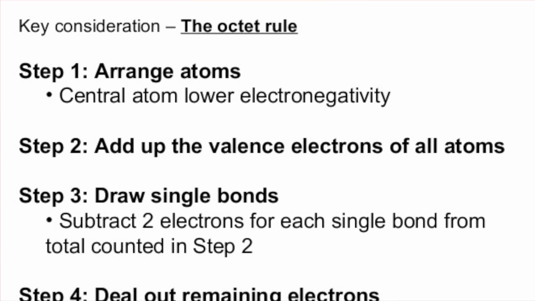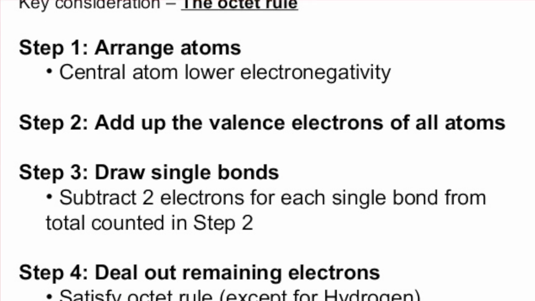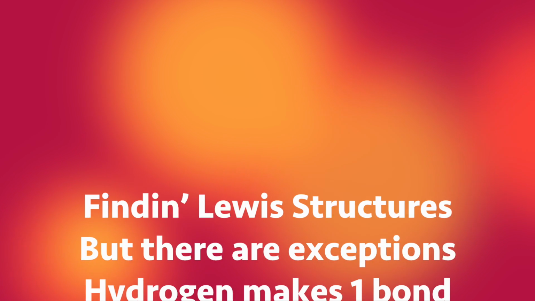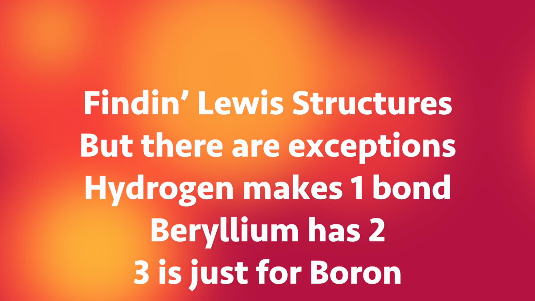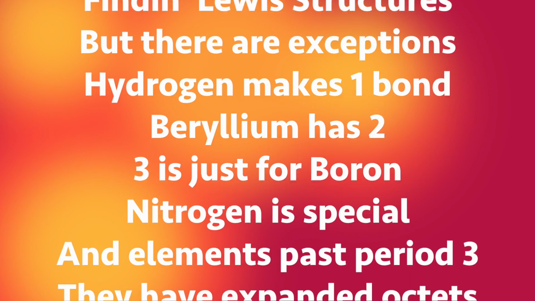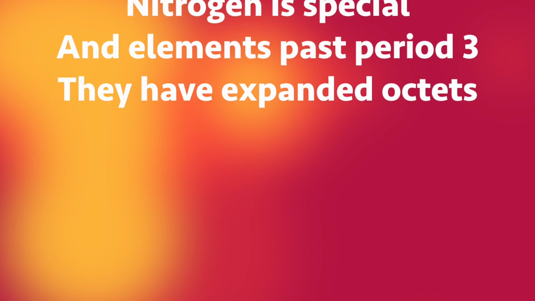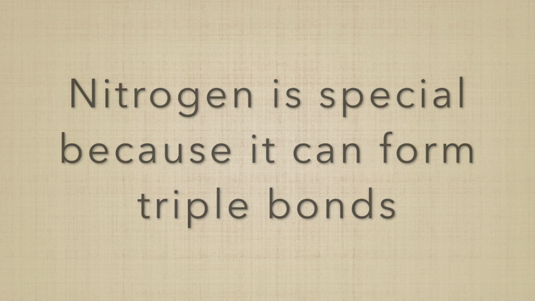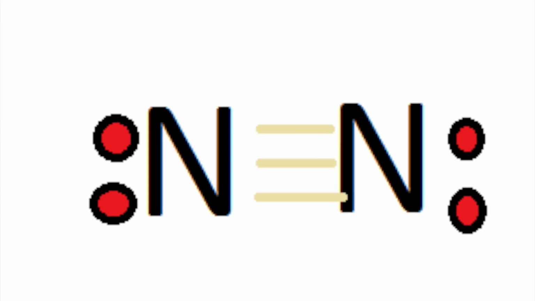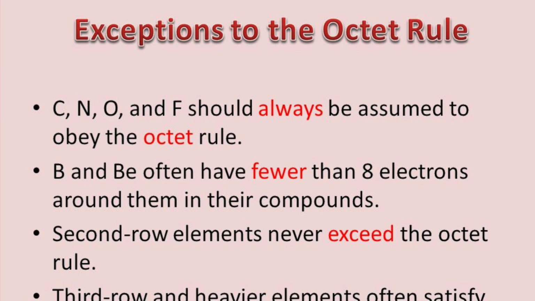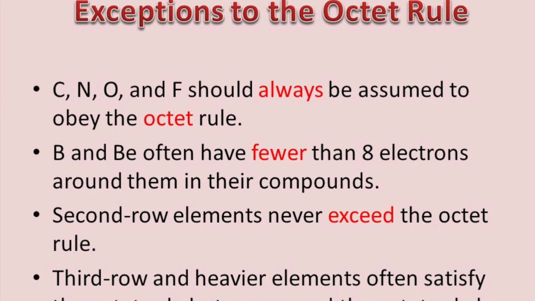Finding Lewis structures, but there are exceptions. Hydrogen makes 1 bond, beryllium has 2, 3 is just for boron, nitrogen is special, and elements past period 3 have expanded octets. Can't nobody tell me I'm wrong, Lewis structures all day long. Feel free to sing along.